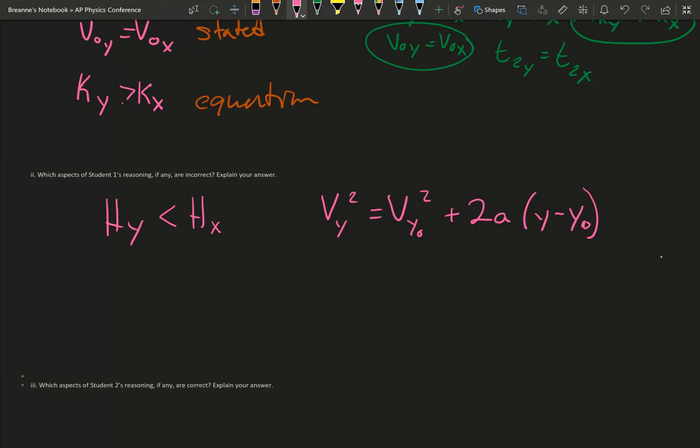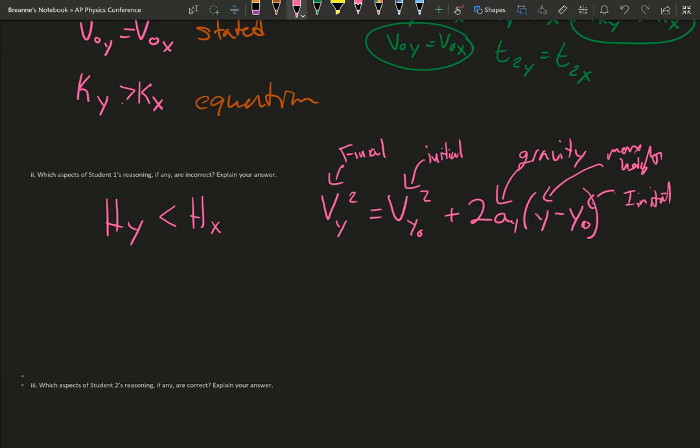So remember, this is final, so this is just your final velocity. This would be your initial. That is your acceleration in the y, so that's just gravity. This would be your max height. And this is your initial height.